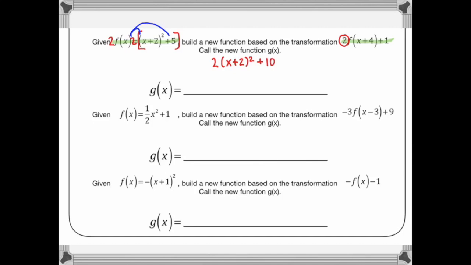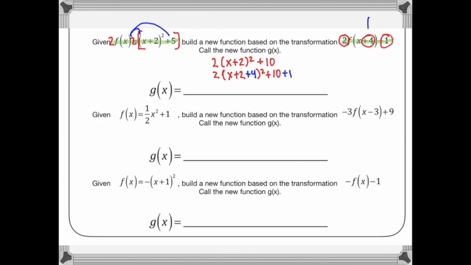Then we have this next part, which is our plus 4 and our plus 1. If we want to do step by step, we'd have 2, x plus 2, and then we have the plus 4 squared, and then the plus 1 to the 10.